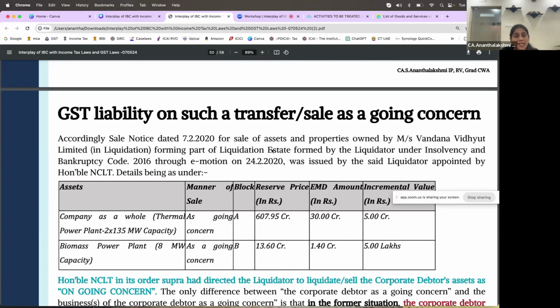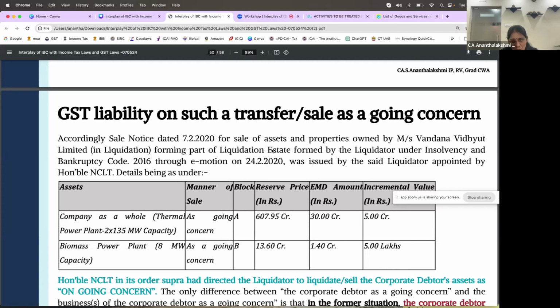In the second case, even though the liquidator has specified he wants to do it as a going concern, the biomass power plant alone is a part of it. It is an asset alone. It is not considered as an undertaking. And the supply of this biomass power plant falls under the ambit of GST, and GST has to be paid.